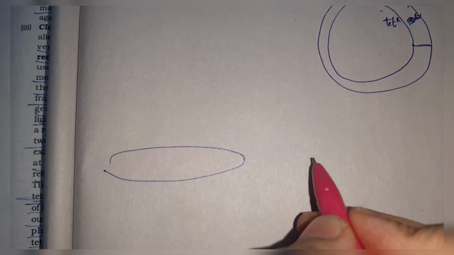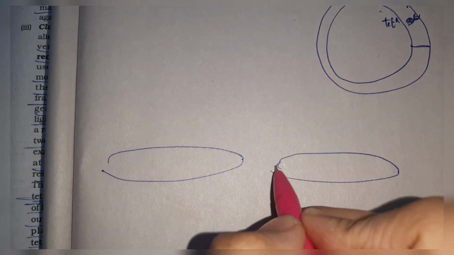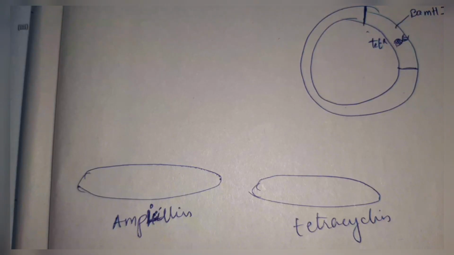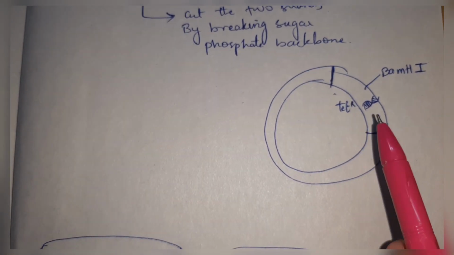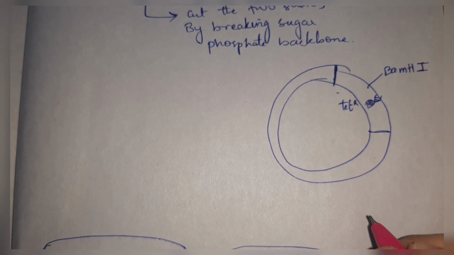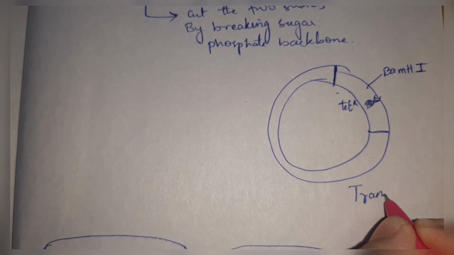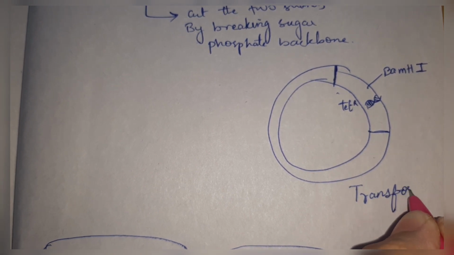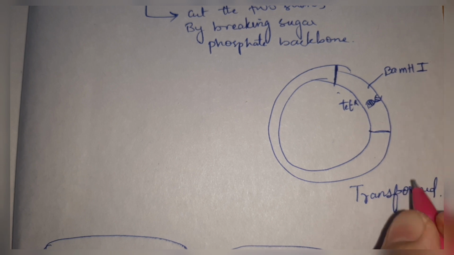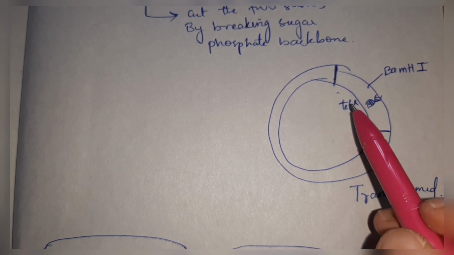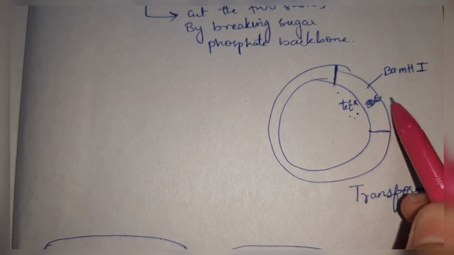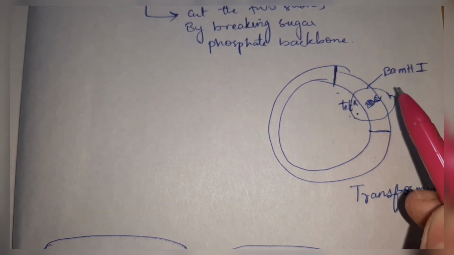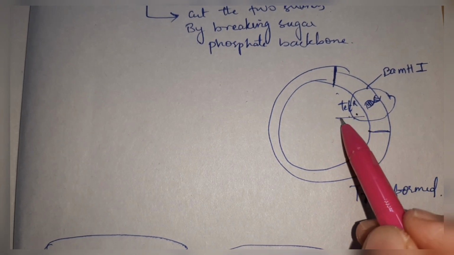Now if we have two culture plates, this plasmid is transformed and it loses its ability for tetracycline resistance because we have inserted this foreign DNA in this area where tetracycline resistance was.